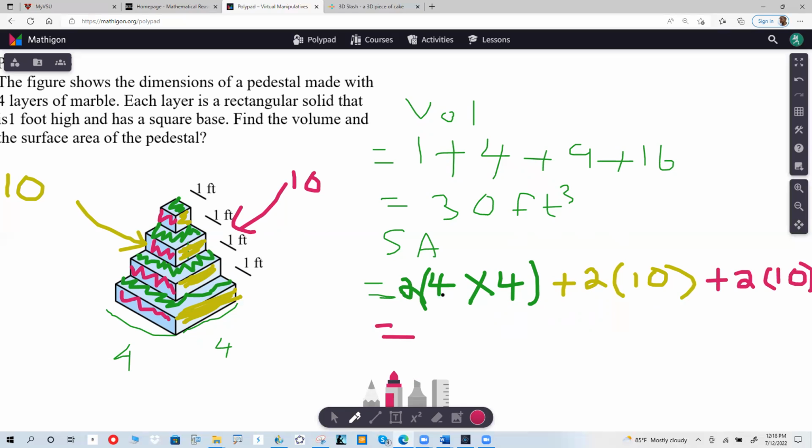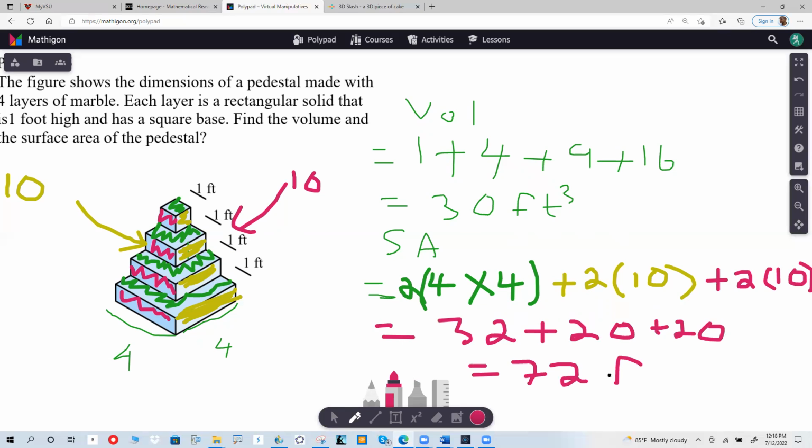And now my final answer is 4 times 4 is 16. 16 times 2 is 32, plus 20, plus 20, and that's 72. I will check my answer as promised, and if I messed up, we're going to do it again. But so my answers are 30 and 72.